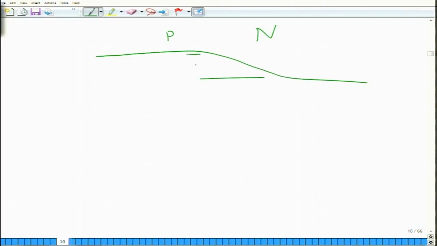It is not really a sharp bend, it is a gradual transition, but nevertheless this small amount of bend is the one that sets up the corresponding built-in potential or the junction potential between this small p and capital N junction material. So, the vacuum level undergoes a change, but it is a continuous change. So, the levels continuously change from the small p region to the capital P region.